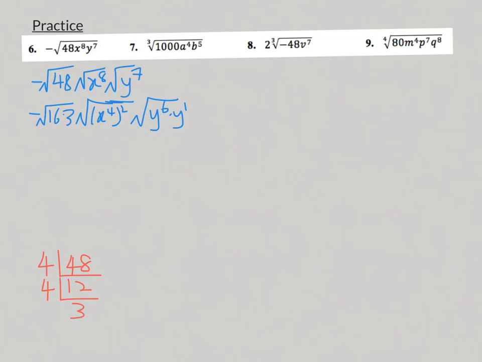So the square root of 16 is 4 squared, and we have the square root of 3 and the square root of x to the 4th squared would give me x to the 4th, and now I can break the last expression into y to the 6th times the square root of y.